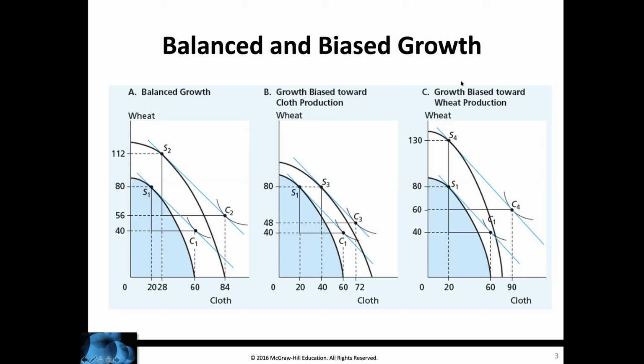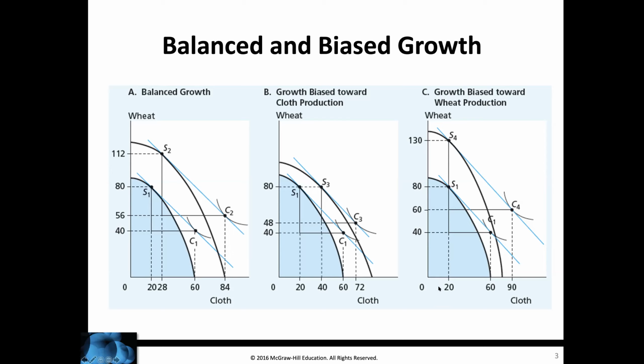And when we look at C, which is a growth bias towards wheat production, you can see a lot more growth in wheat production, a lot less in cloth production. So here's our production possibility curve. We started at S1, and because of this shift, we're now at S4. You can see our production of wheat jumps from 80 to 130, but our cloth does not move.